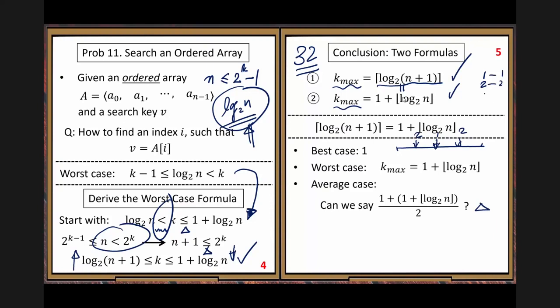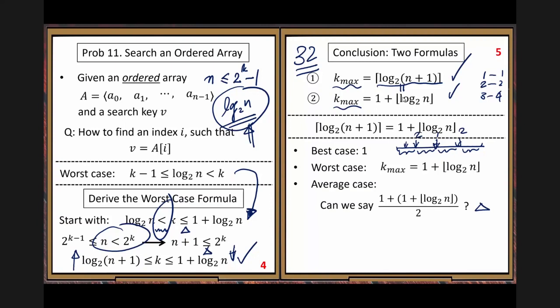How about three comparisons? How many elements in the array correspond to three comparisons? Four. Because one median in the first quarter, the median of the second quarter, the third quarter, and the fourth quarter. So four elements correspond to three comparisons. You can see 1, 2, 4.